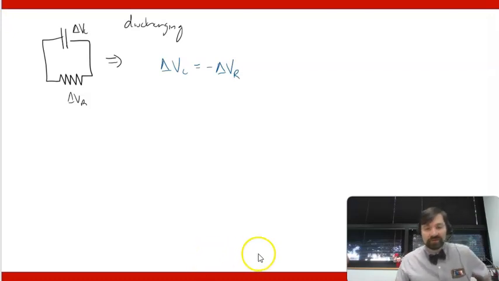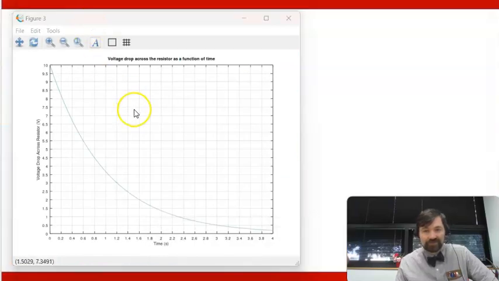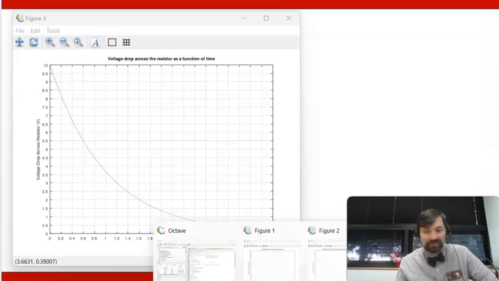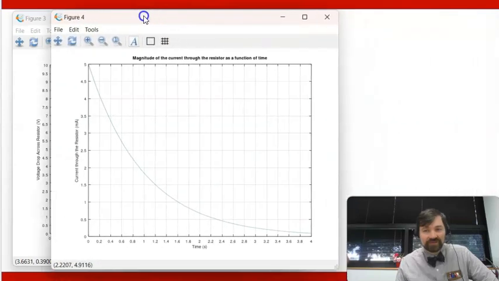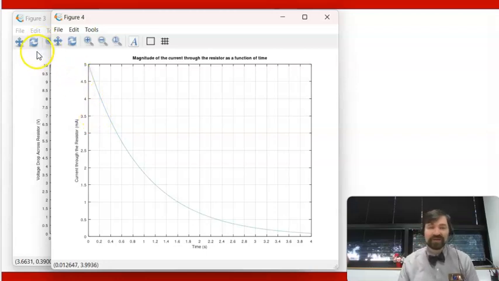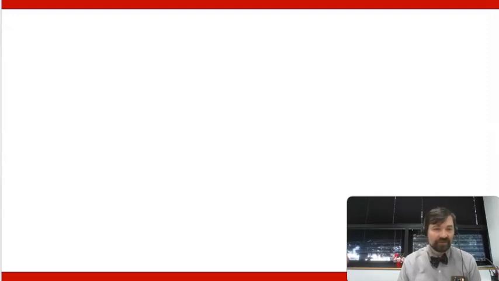So if we go and look at what the resistor is doing, here is the voltage across the resistor, and it's actually pretty much an identical graph to what we had before and to what we have with the capacitor. And then this right here is the current as a function of time for the resistor. Again, it's identical to the graph we had before. So if I come back in here, I could do a couple side-by-sides.